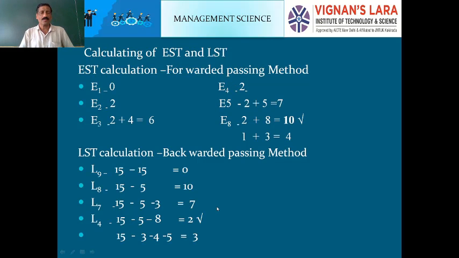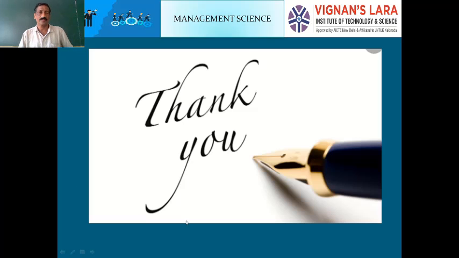Like that, we calculate all of the above. In the forward passing method, if more than two paths are available, the highest value is taken into consideration. In the backward passing method, the least value is taken into consideration. That means more than one path is linked with one event.